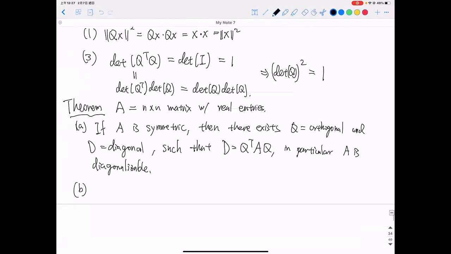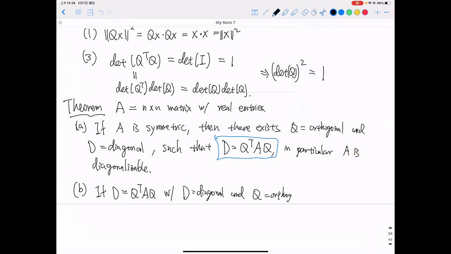Now B is sort of the converse statement, which roughly says if A takes this form, then A is symmetric. That is, if D is Q transpose AQ with D diagonal and Q orthogonal, then A is symmetric.